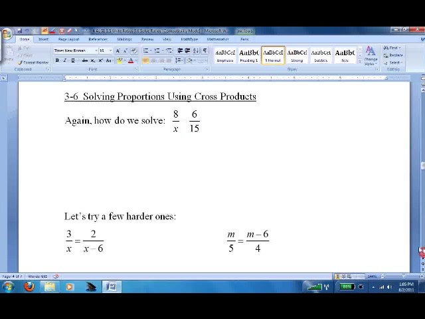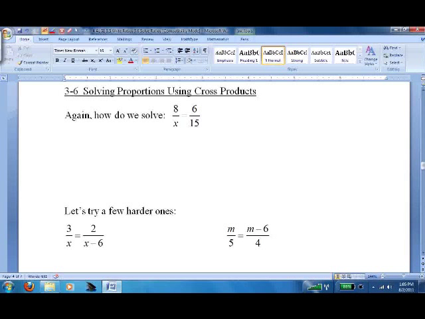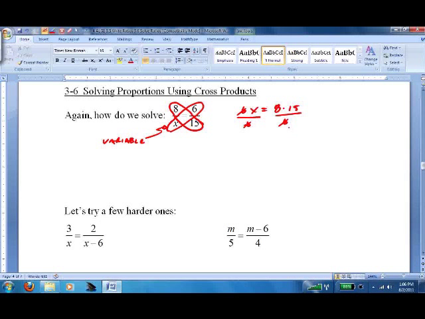Now, I already talked about using cross products or cross multiplying. So we do the Jimmy Neutron, and notice, where's the variable now? It's in the bottom of the fraction. So you could still solve it a different way, but this seems to be such an easy method that most people like to use it. And again, I don't multiply out the products because I think it's going to be easier.